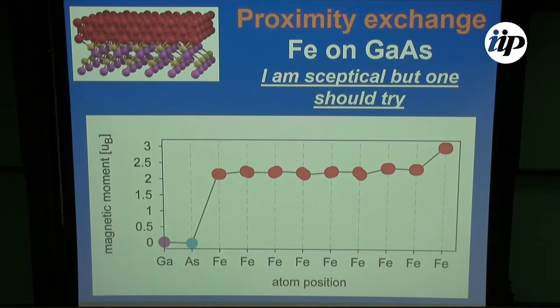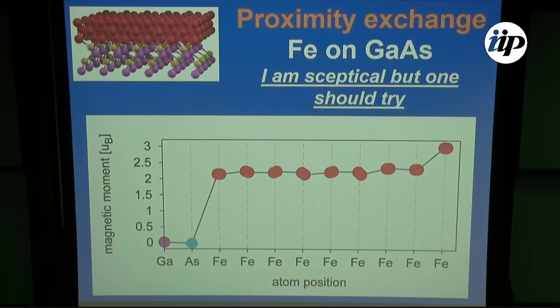No, okay, so this is a calculation for a slab like this with 9 monolayers of iron, looking at the total magnetic moment at a given layer. Yes, I understand your point.